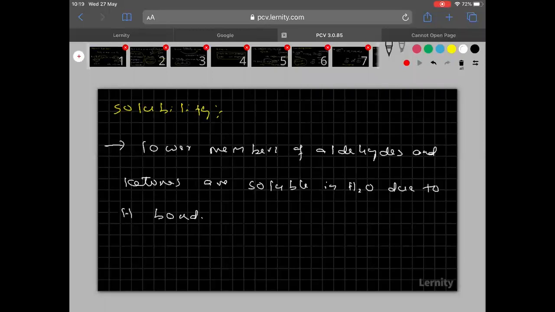I think you are understanding this one. So lower members are soluble in water. I think it is clear to you.